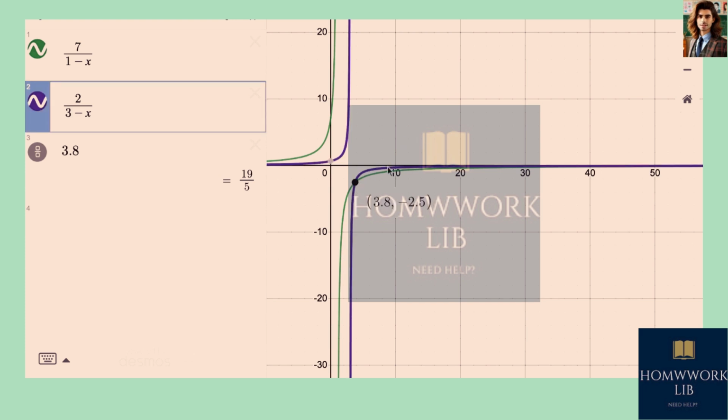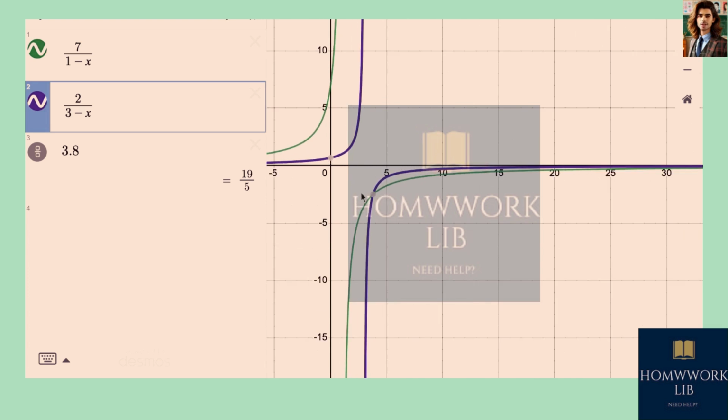So we also, the green is underneath the purple on my screen here, or underneath the right-hand side until the asymptote. Well, the asymptote here is going to be 3. The asymptote here is going to be 1.